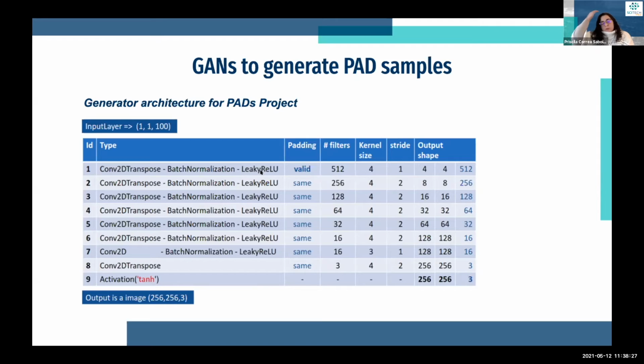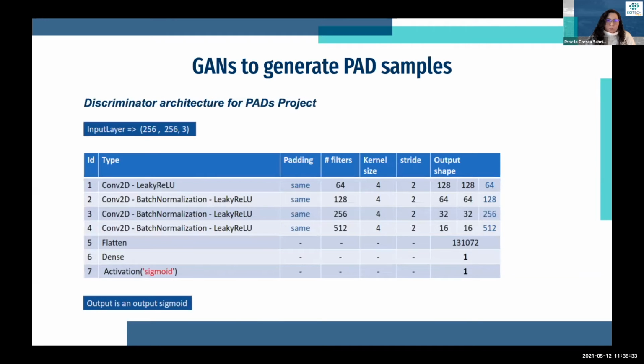So if you just use ReLU, we will have 0 values. And then the discriminator is very simple, because the discriminator just needs to classify, right? It's a classifier. So it will take an image and decide at the end with a value that will be the probability of the image being fake or not.